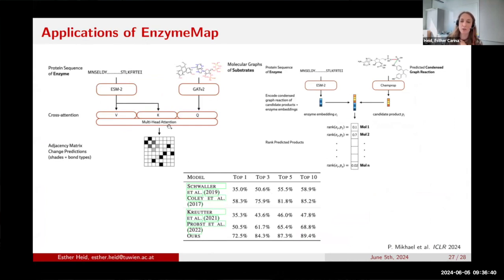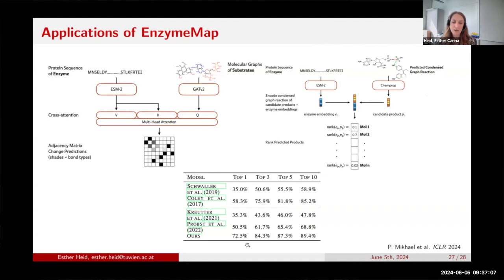It proposes different bond edits, and for each of the different proposals, so each of the different products, it again encodes the protein sequence. It computes from the reaction the condensed graph of reaction. So this is just my reaction chemprop that I published. So here you find that again, and it combines that information, and we can then get a ranked list of products, what the method thinks that given that enzyme sequence, the product will be.